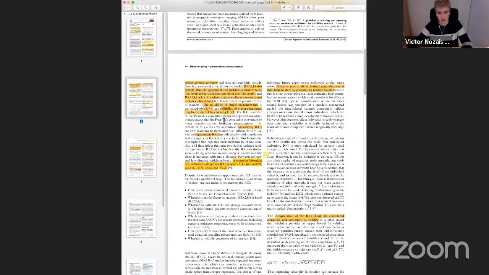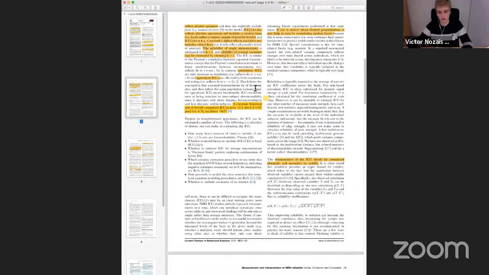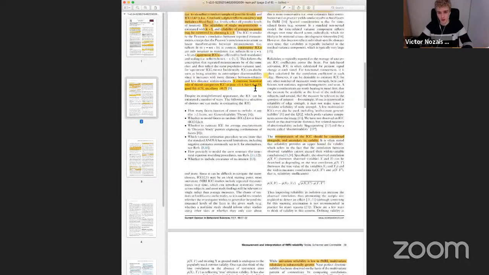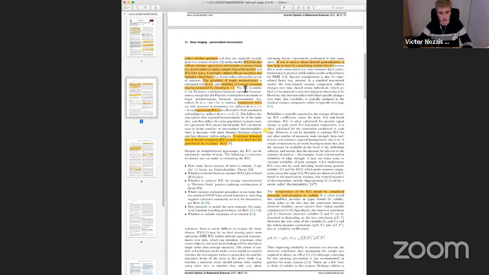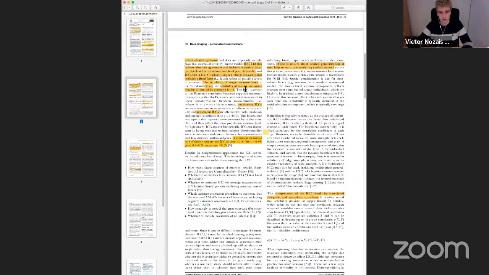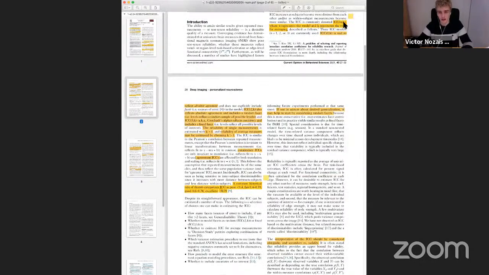And so what they say a bit later is that when you're not really sure about what you're doing, well, at least not what you are supposed to use, it's better to use the ICC2 because it's more conservative. But then there is also the number k that you have to set.